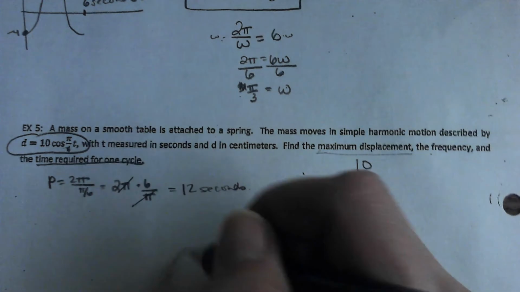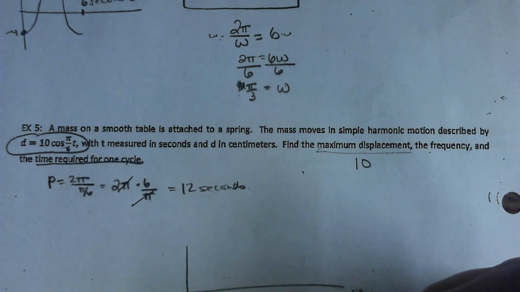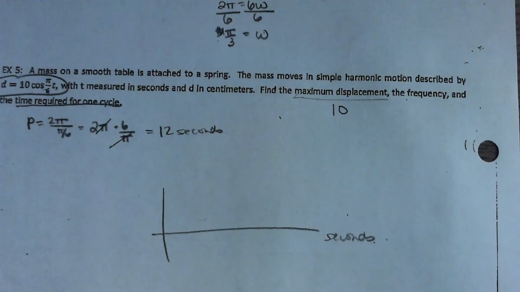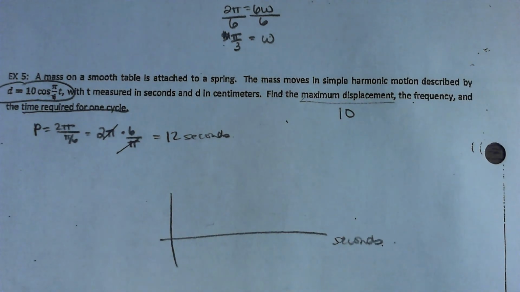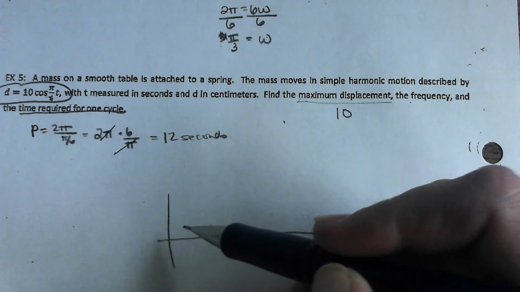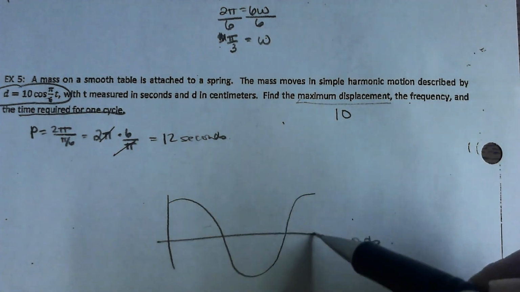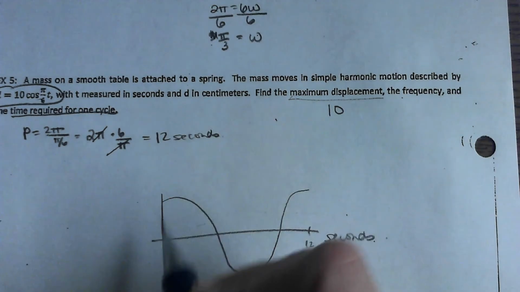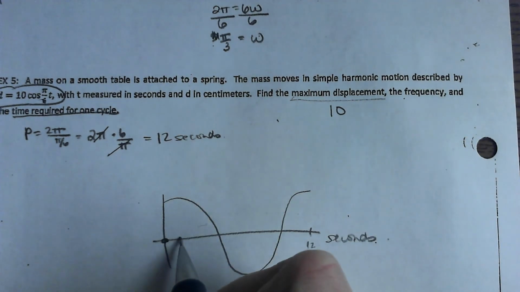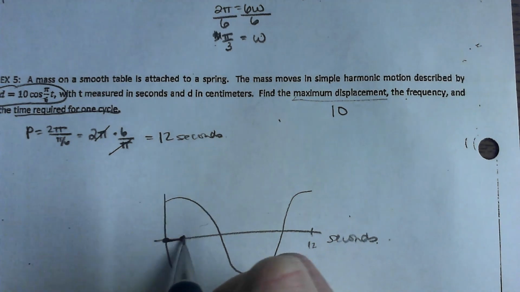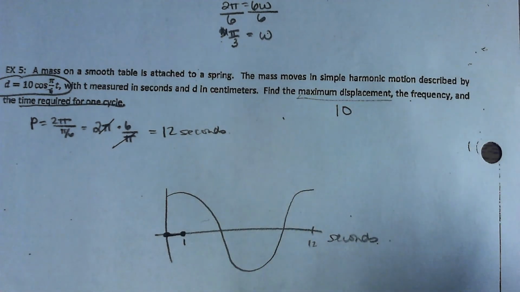Your x-axis is labeled based on seconds. So how many cycles fit in one of those units? If 1 cycle, and we're doing a positive cosine, so 1 cycle takes 12 seconds. So how many cycles fit in 1 second? 1/12.